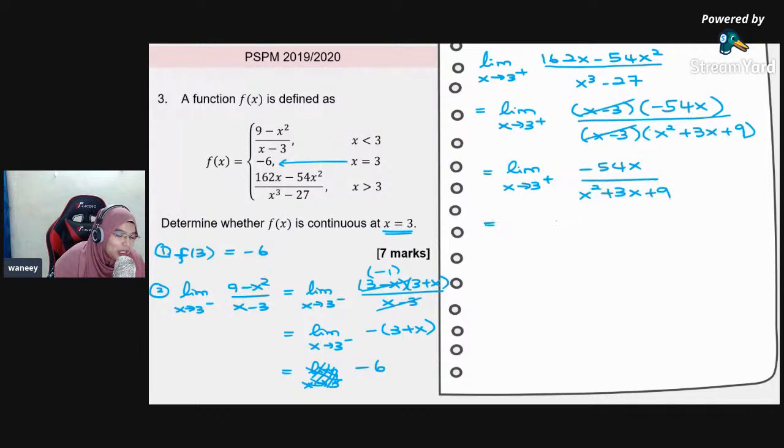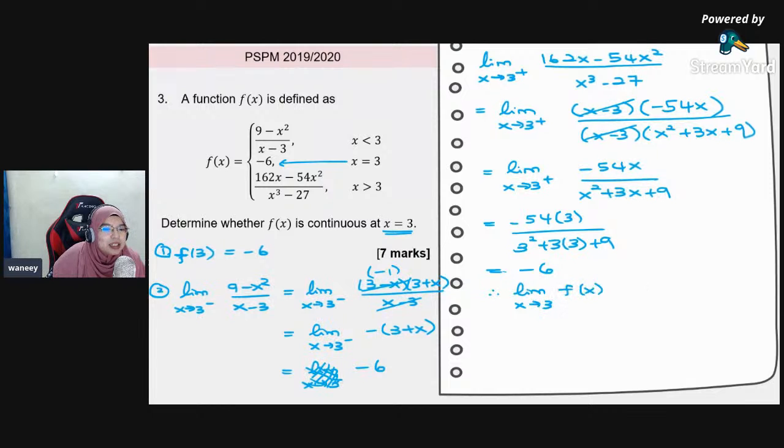Okay, so nanti gantilah nilai X with 3. So kita akan dapat negative 54 times 3 over 3 square plus 3 times 3 plus 9. So yang ini sepatutnya hasil dia kita akan dapat negative 6. Therefore, the limit of X approaches 3 for Fx is actually equal to negative 6.